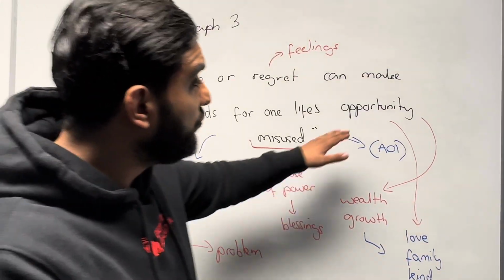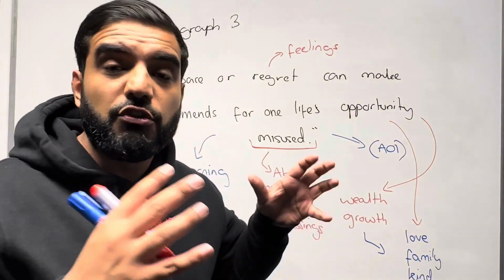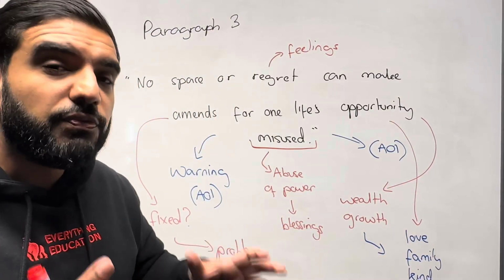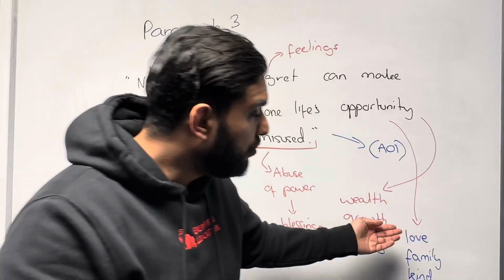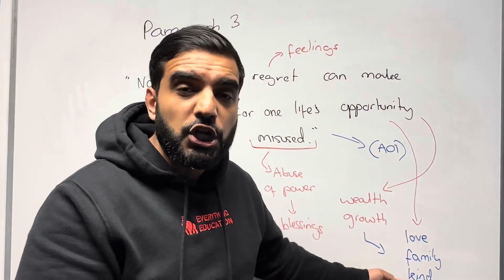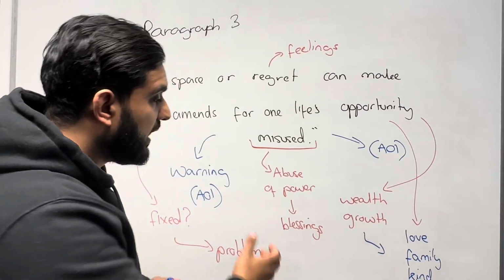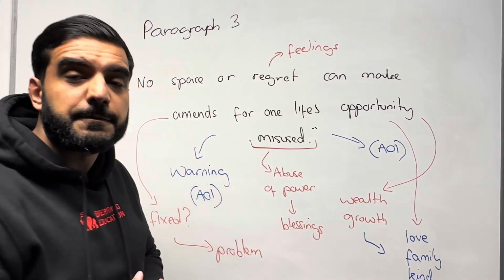Just because you've been given an opportunity of wealth and of money and of growth, don't forget to use this to help those around you, to love others, to be kind, to support your family. Don't misuse your wealth. Don't abuse your power.